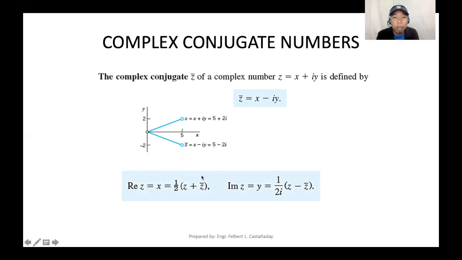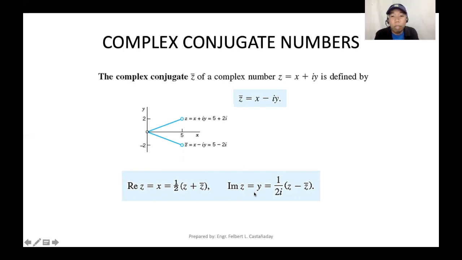This is very useful, especially when you are to evaluate or prove something using letters rather than numbers. So Z plus Z bar: the imaginary part cancels. In this case, 5 plus 5 is 10, and 10 divided by 2 is 5. So x is equal to 5.